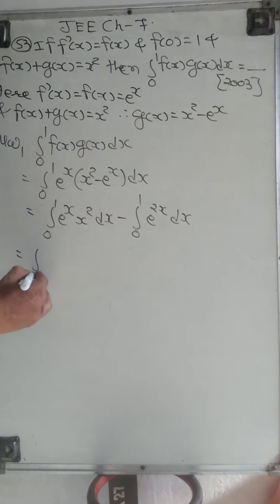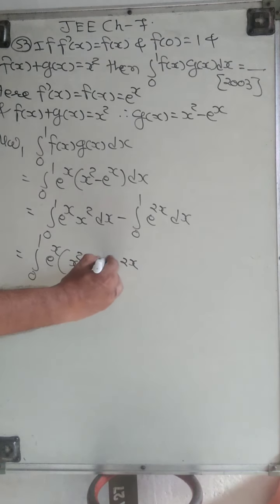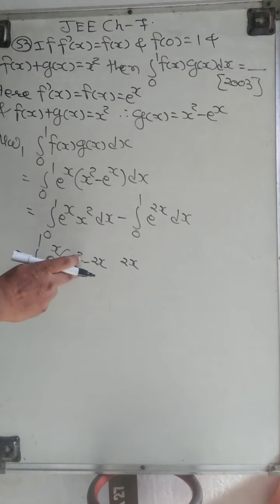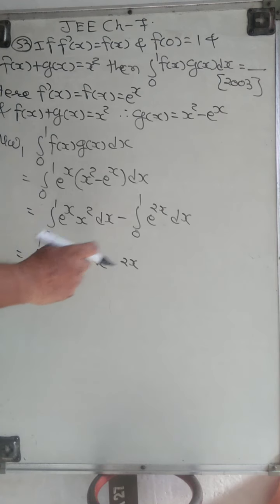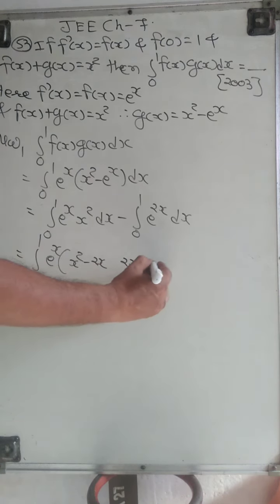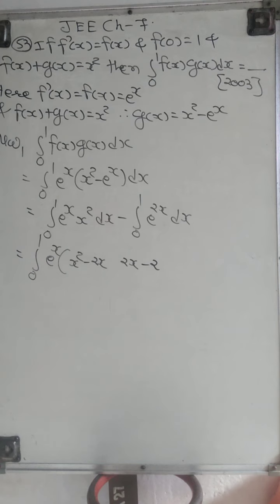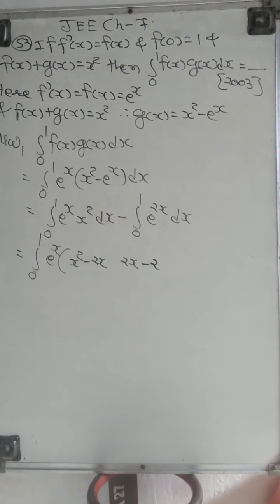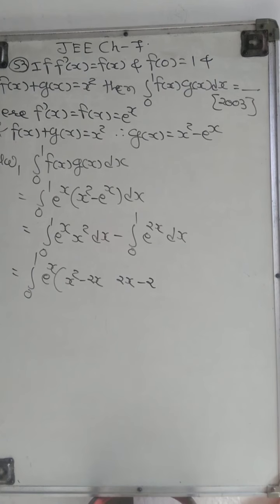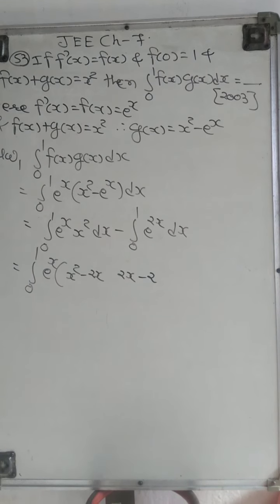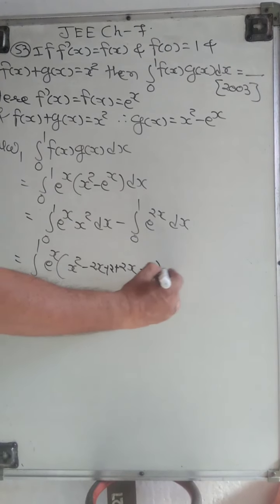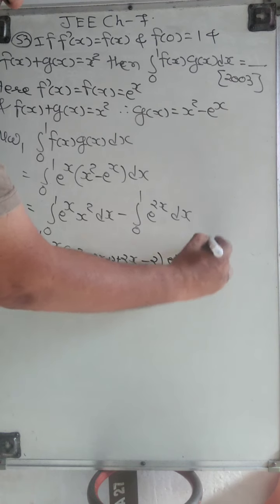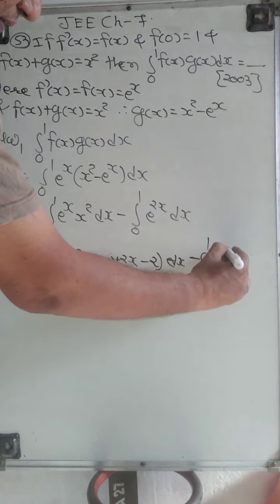Now here we just take 0 to 1 e raised to x, x square, then minus 2x and plus 2, so we have x square minus 2x plus 2, dx minus integration 0 to 1 e raised to 2x dx.